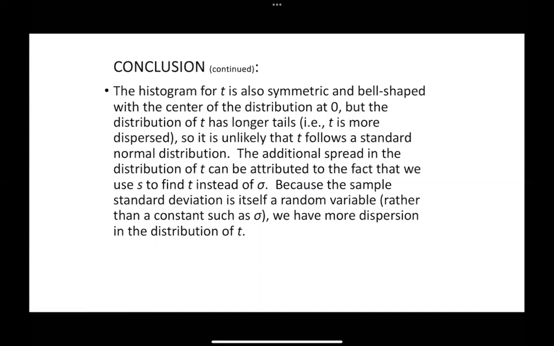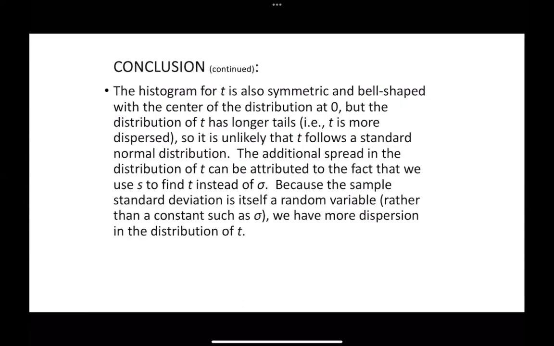The reason is that we're using sample data to find the t instead of sigma. We're using a sample standard deviation instead of a population standard deviation. The only standard deviation we used with proportions was based on the p-value, so we didn't even deal with the standard deviation of the data. We just calculated that with our p-hat and our sample size.